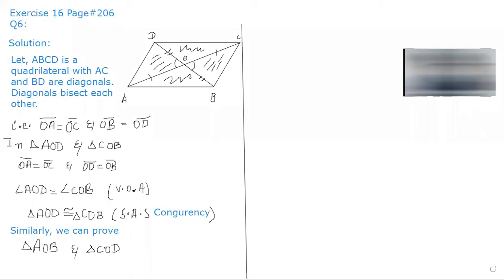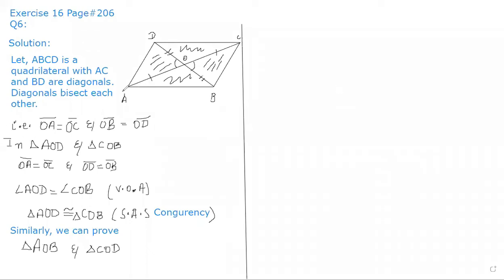So what will happen here? You will repeat the same things. You can see that the side AB is equal to the side DC, and the side OB is equal to the side OD.